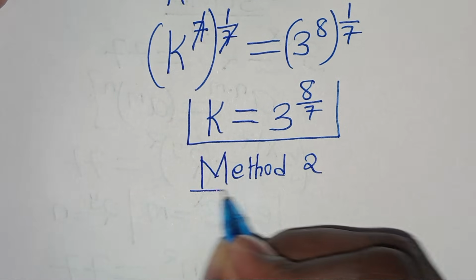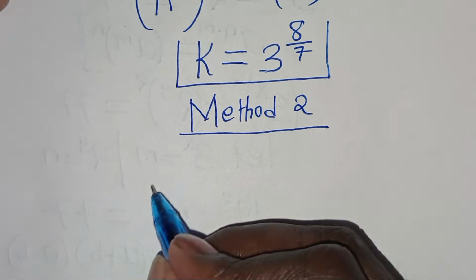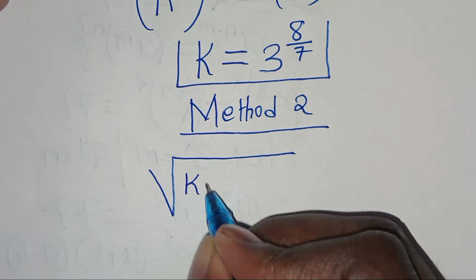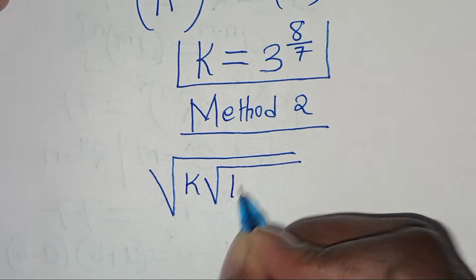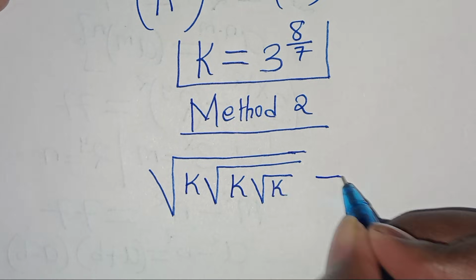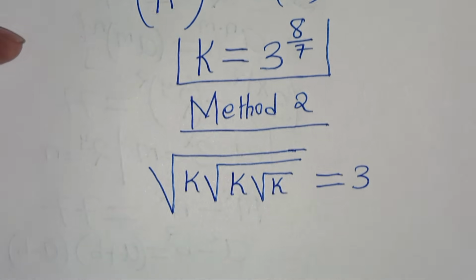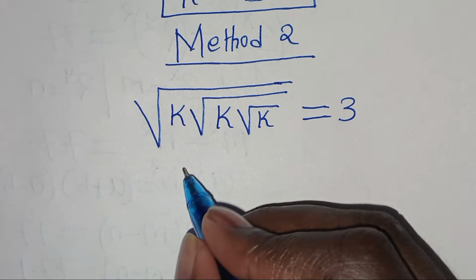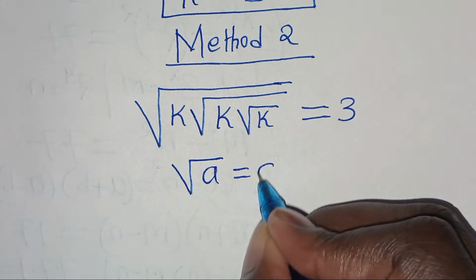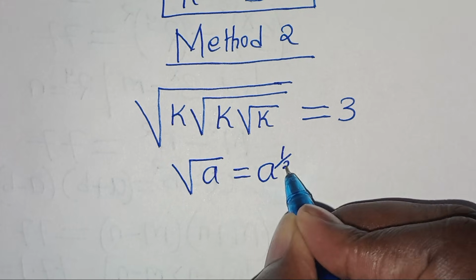Method 2 from here. So we have the square root of k times the square root of k times the square root of k. This is equal to 3. We have that the square root of a can be expressed as a to the power of half.